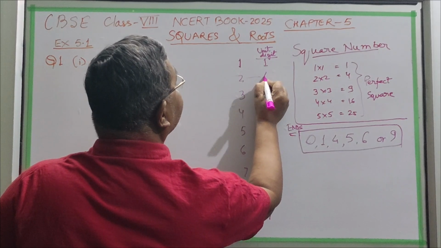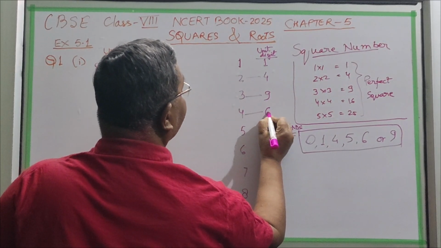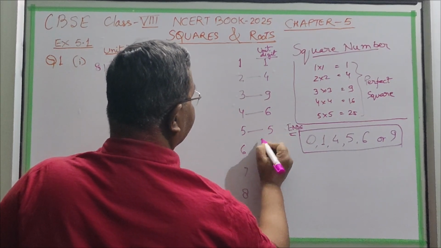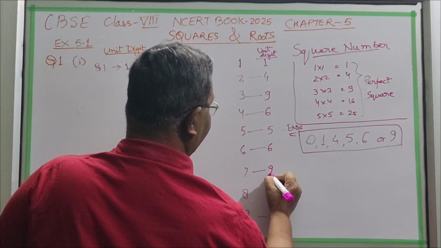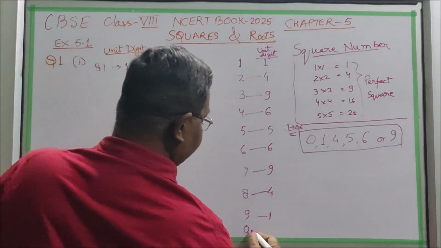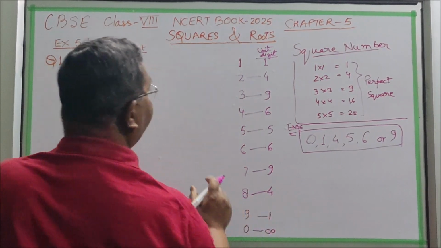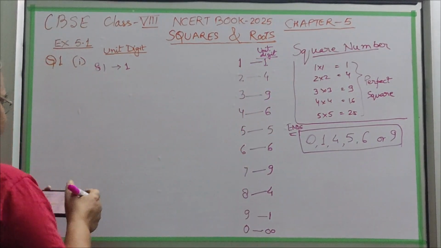Like 2, its square's unit digit will be 4. 3, its unit digit is 9. 4, its unit digit is 6, and so on. For 0, its unit digit will be 0. So these are the unit digits, and based on this we will answer the questions.